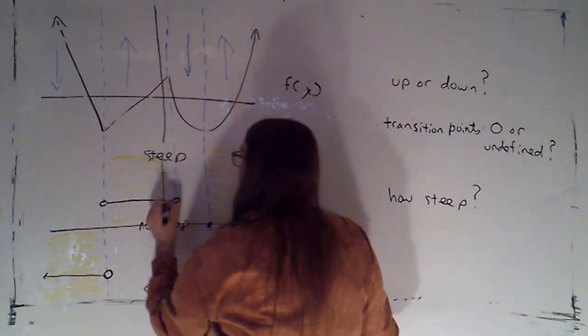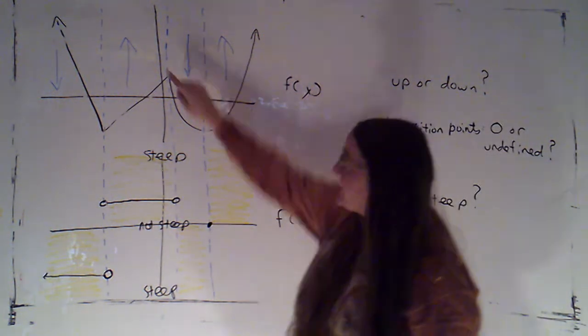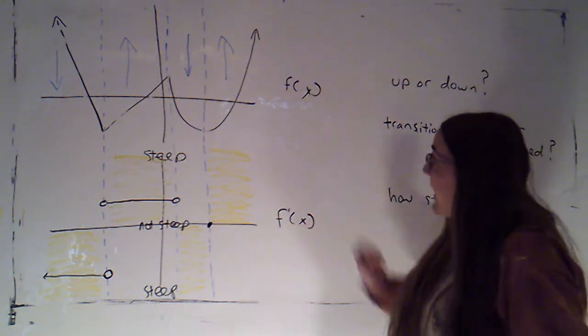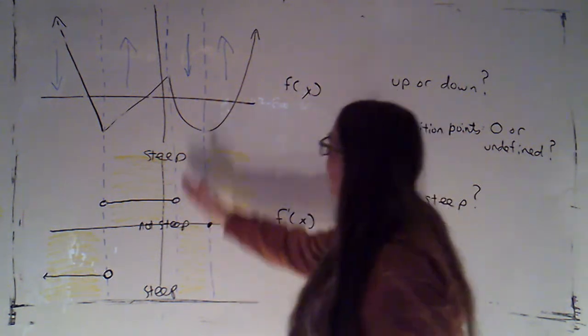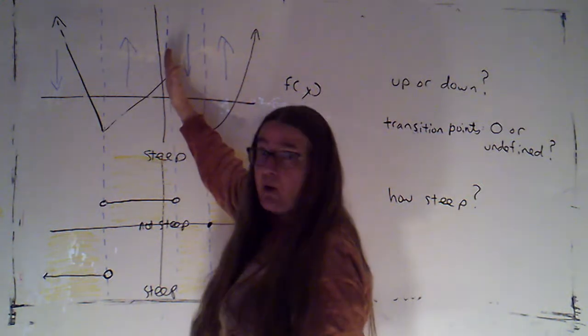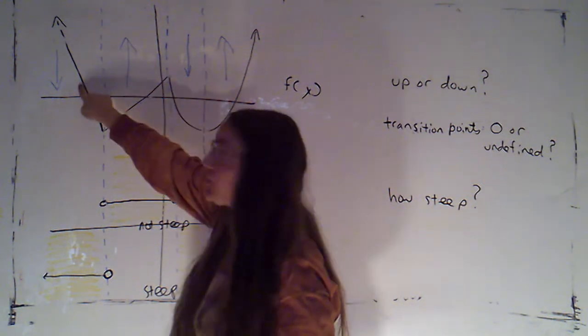So we're going to come across like so. And then again, we said at this transition point, the derivative was undefined. So now we're going to be going down. Okay. And do we start out steep or not so steep? Looks like we start out pretty steep. In fact, I would say here, this part of the graph looks steeper than this.